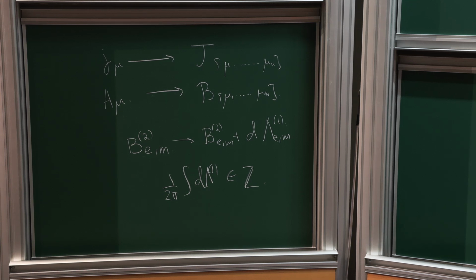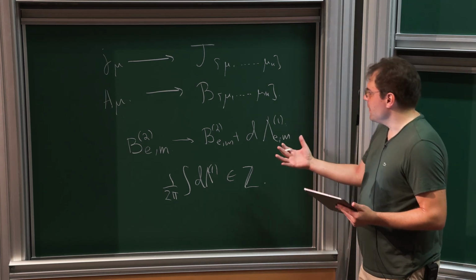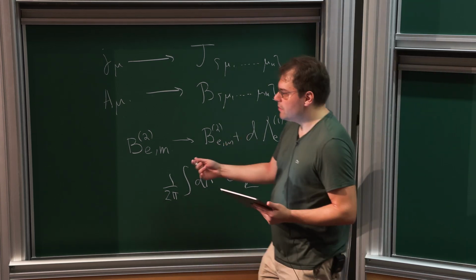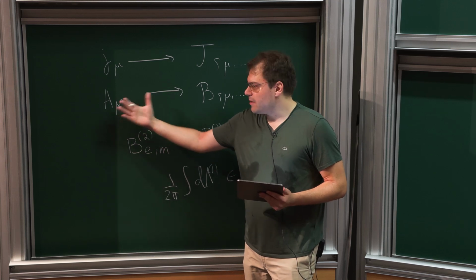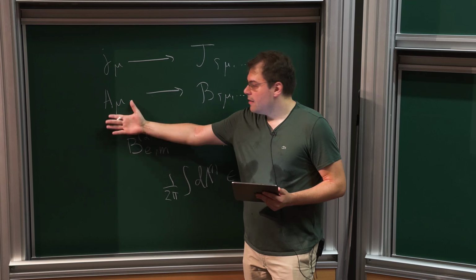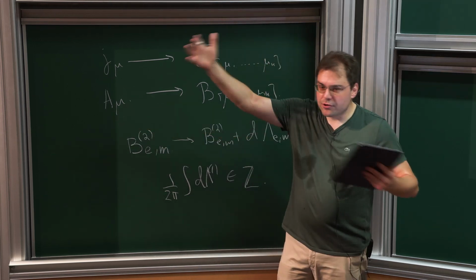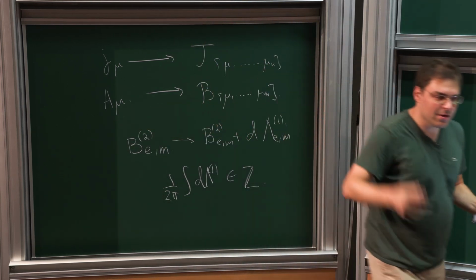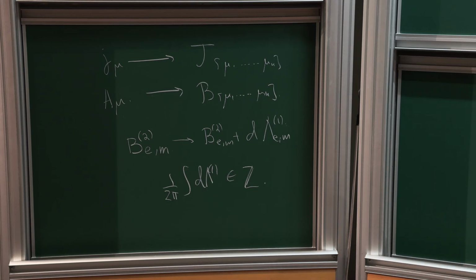Now, the claim to fame of background gauge fields is that whenever you give me a symmetry with some current, or even a discrete symmetry, but we'll stick to the case with currents, then I can enrich the Lagrangian of the theory by coupling it to those background fields. And the fact that the theory had the symmetry to begin with means that the theory in the presence of background fields enjoys a background gauge invariance.